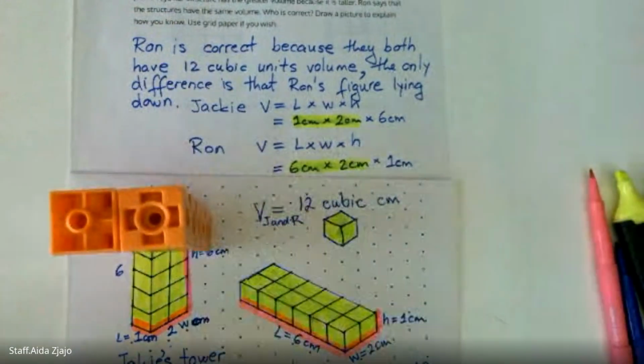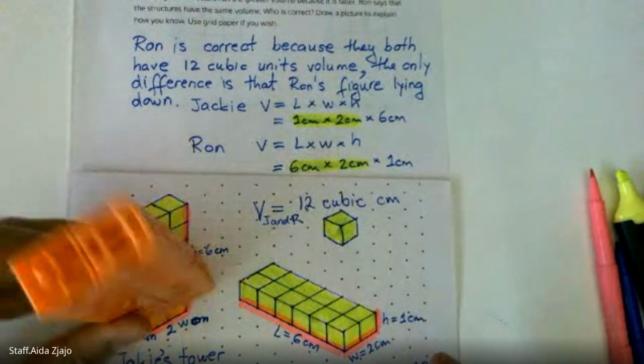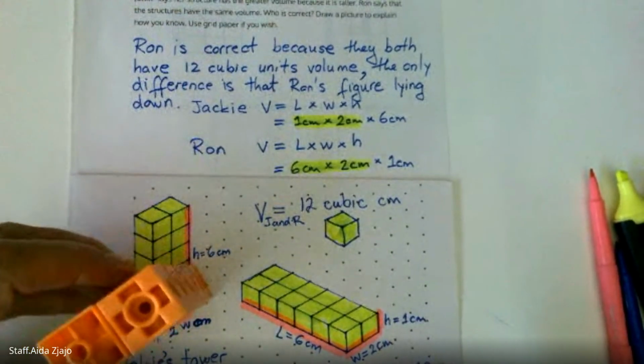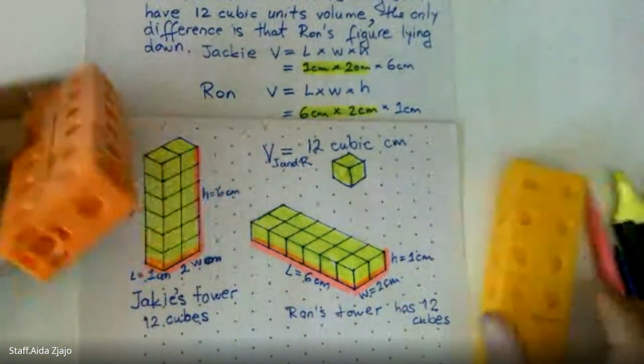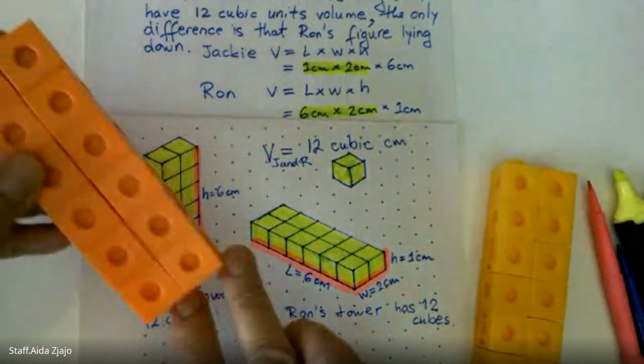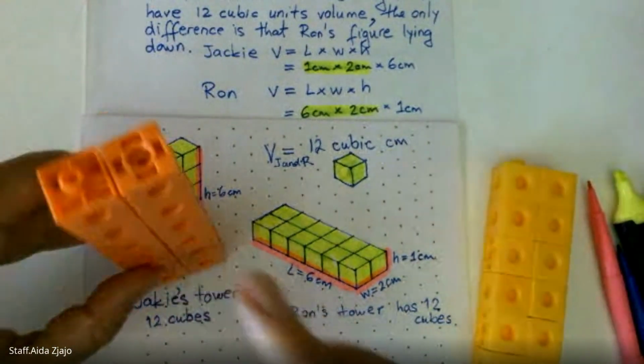Jackie's stays like this, standing on the bottom, so its base is 2 cubes and the height is 6.